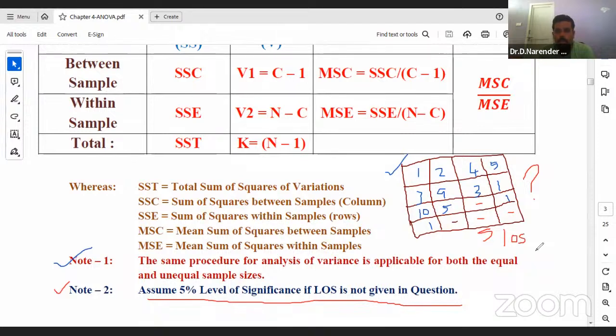LOS will be mentioned. If LOS is not mentioned, then also we have to follow 5% only. If it is given 5%, we have to follow 5% only. Sometimes, instead of 5%, the examiner will provide 1% only.